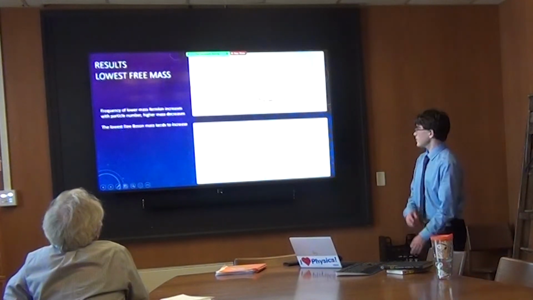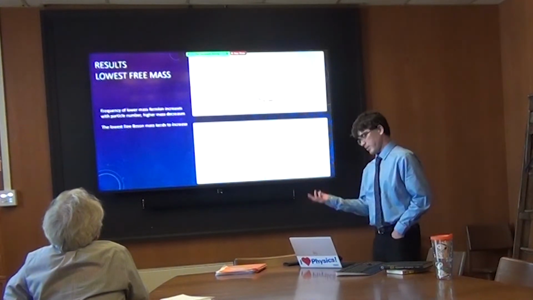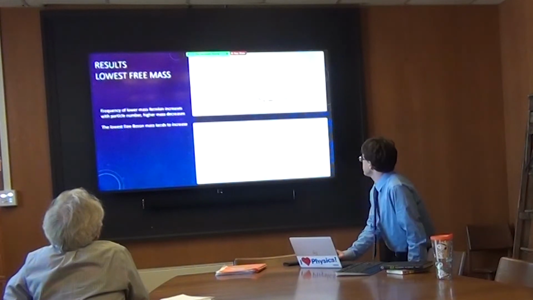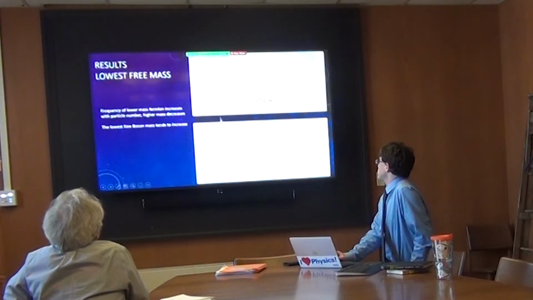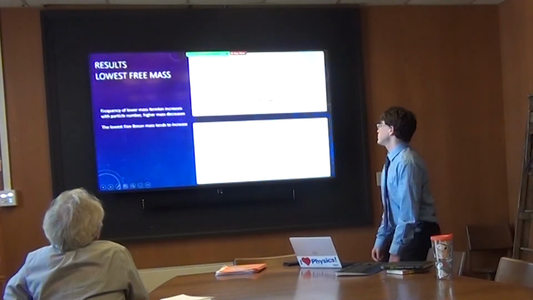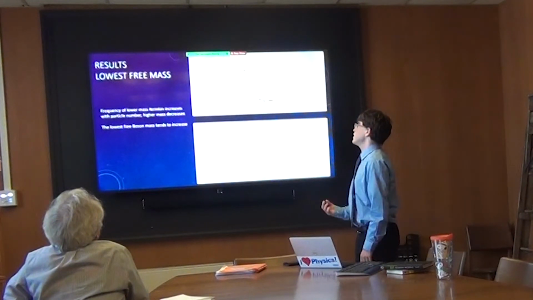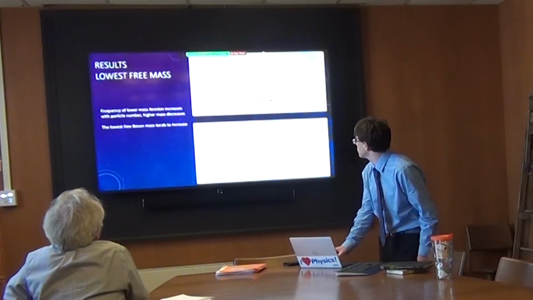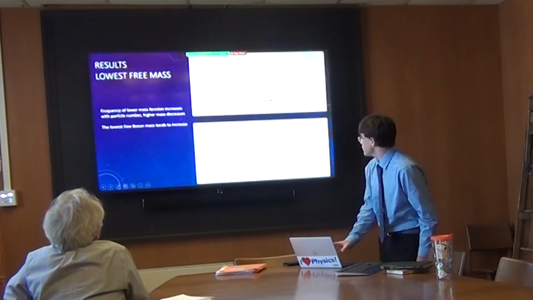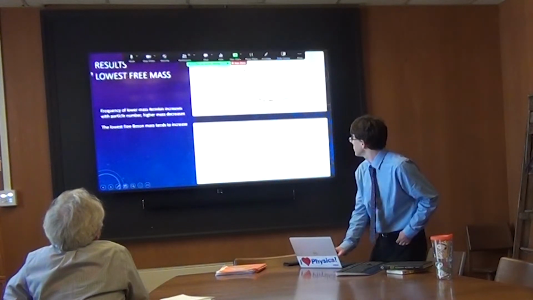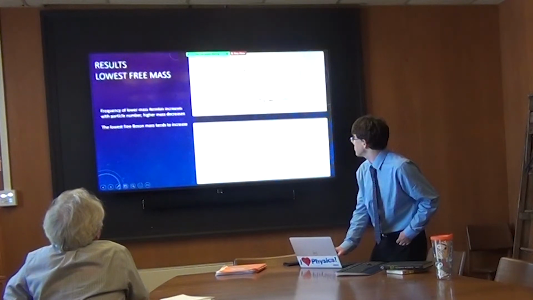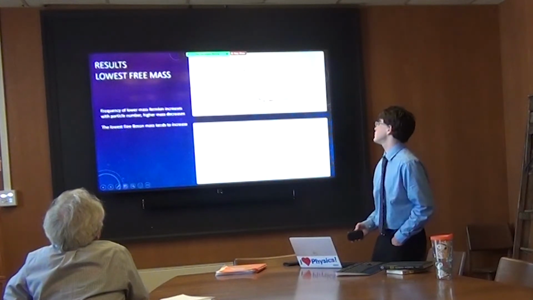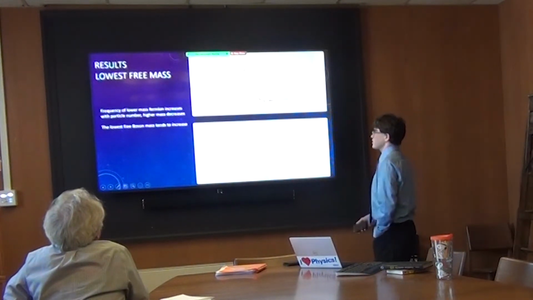But for the fermions, as you increase, the lowest mass being around 10 to the negative 15th, the frequency of this occurring increases with the particle number. So as this slope goes down with number of particles, the much lower mass possibilities increase in frequency for fermions.